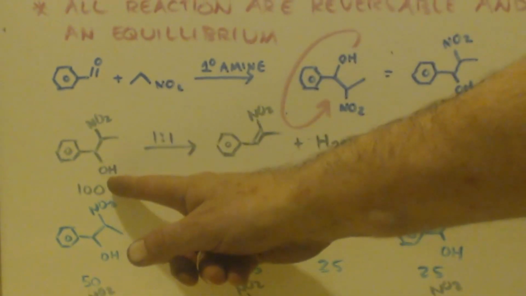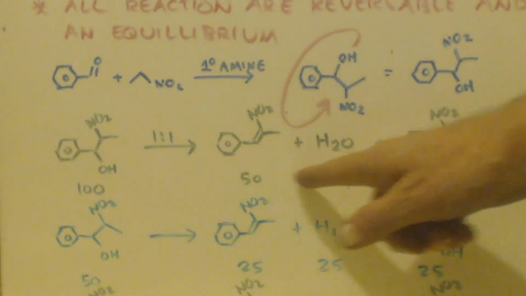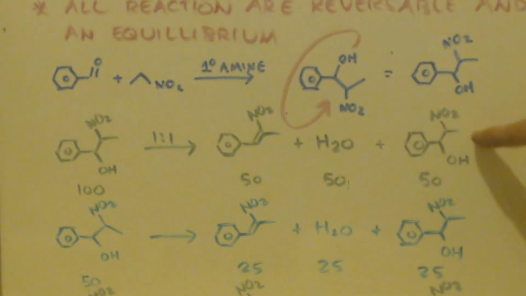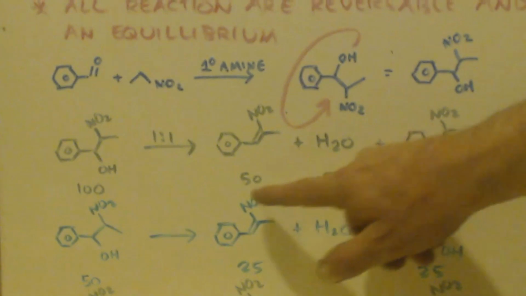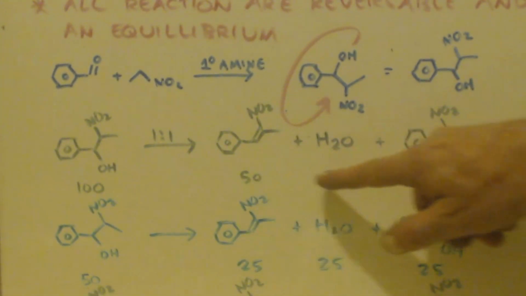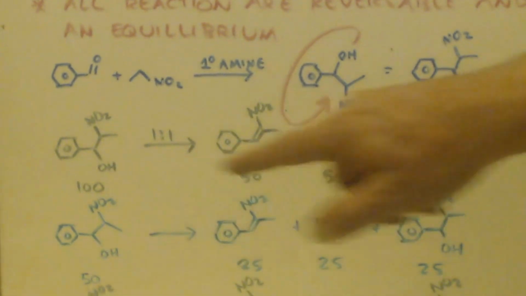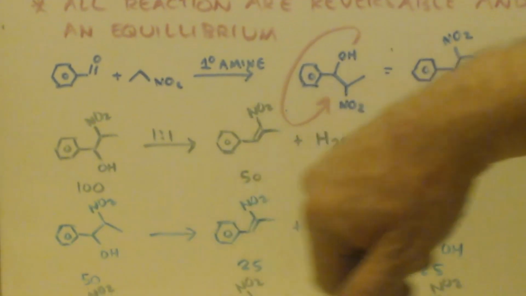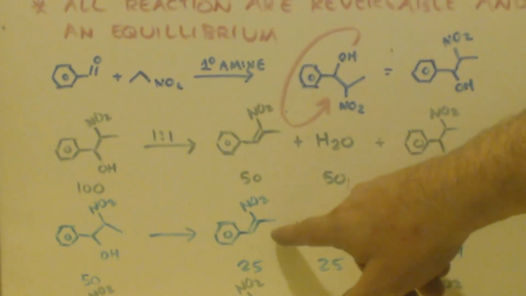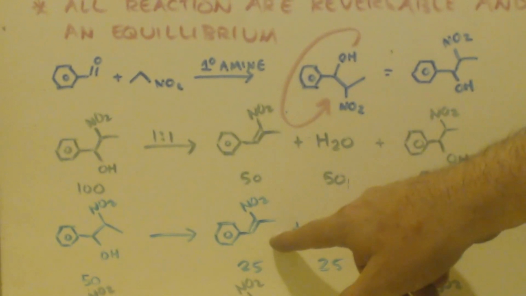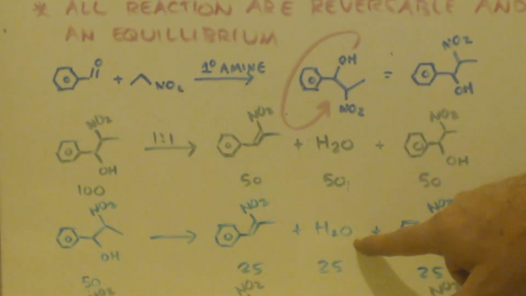So let's say we do our 100 molecules, we make this. Now this doesn't react anymore because you have a 1-to-1 ratio. We take the water out. Now you have 50 molecules left, right? We took the water out, so it starts making more of your product. But it also starts making more water.